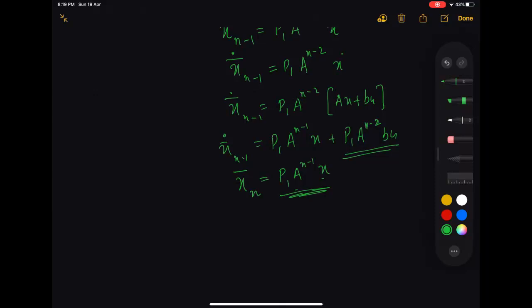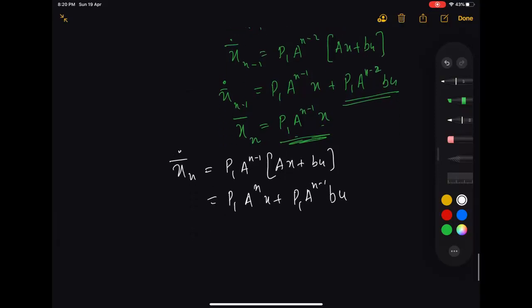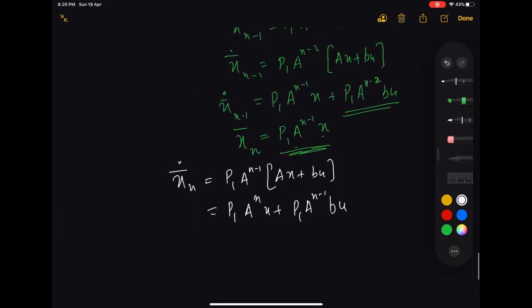You write xn bar dot is equal to p1 a to the power n minus 1, and inside you have x dot, so you'll write it like ax plus bu. So you get p1 a to the power n x plus p1 a to the power n minus 1 bu. Now this is the last equation, so in the last equation you have a linear combination of all the x's, and there is a u term present.